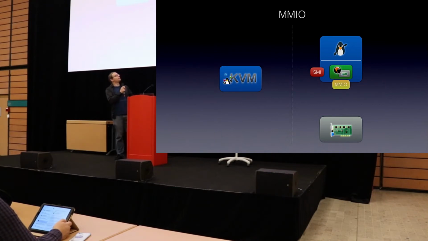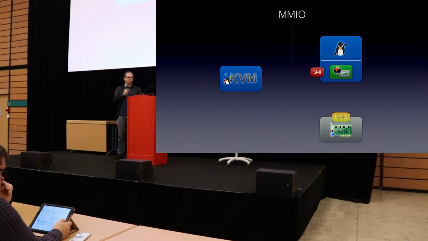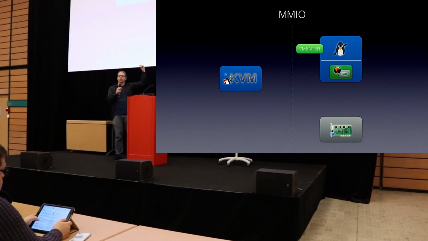That x86 emulator can translate it into a request that the device emulation code can parse, that can cause a reaction, say I need to do another MMIO onto my real hardware, and then you go back into the host, which then, using the RSM trap, goes back into the guest into normal execution mode.